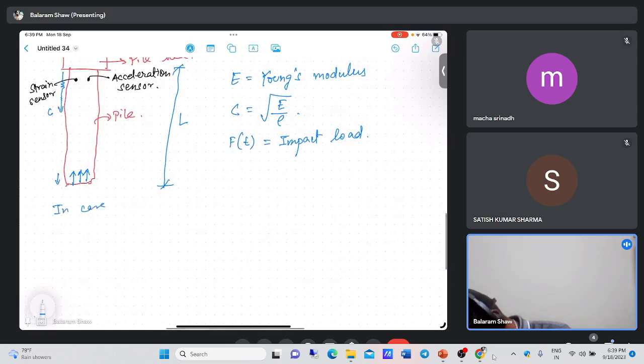I'm not going into the derivation. In case of freestanding pile, what we get is Vt equals C by EA into F of t.